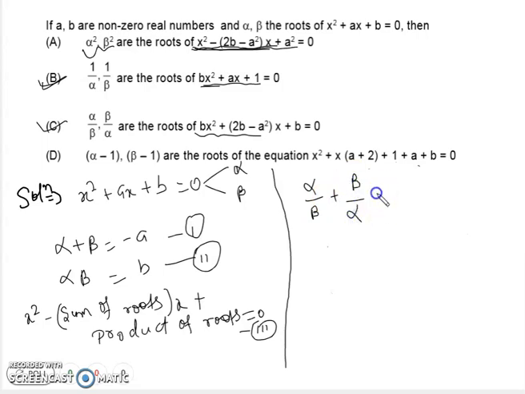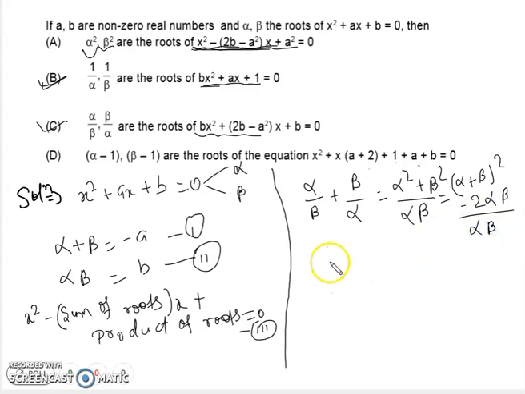This is equal to alpha square plus beta square, divided by alpha beta. And alpha square plus beta square we can write as alpha plus beta whole square minus 2 alpha beta, divided by alpha beta.